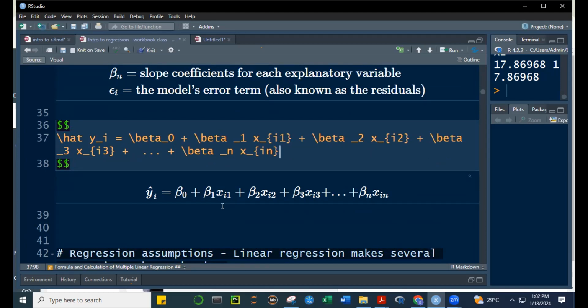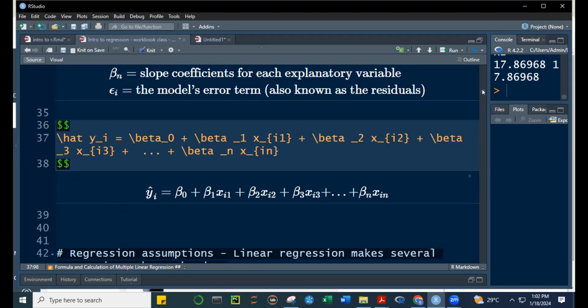If we have determined the intercept and the values of the coefficients beta 1, beta 2, etc., and substitute the values for x1, x2, x3, x sub n, if we multiply beta 1 to x1, etc., then we get a value which is your predicted value, and that is your y hat.